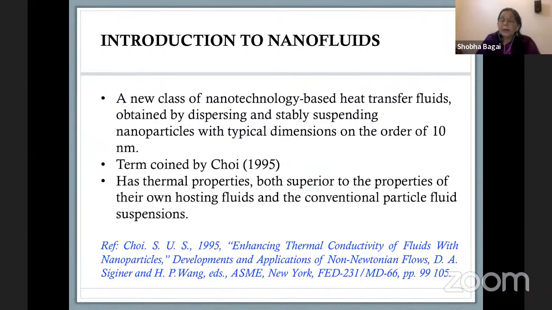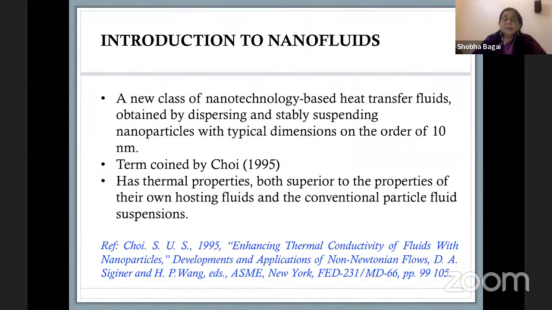If you read the research paper by Choi, he mentions that these fluids in which nanoparticles are mixed with the base fluid, we will term as nanofluids, and he gives it in brackets, abbreviating it as NF.